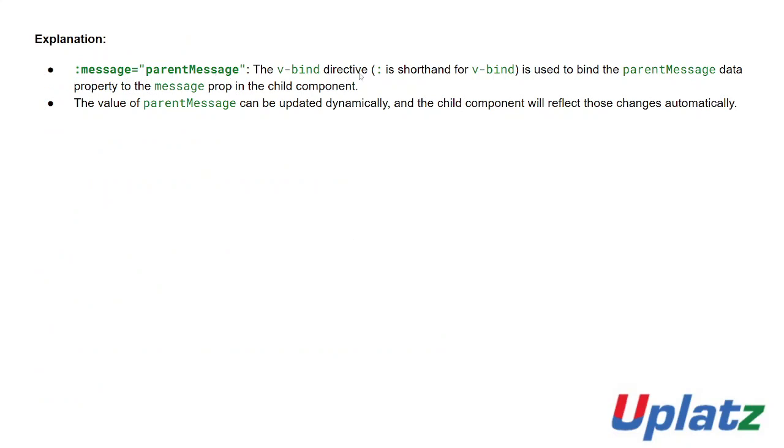The v-bind directive, that is, the colon is shorthand for v-bind, is used to bind the parent message data property to the message prop in the child component. The value of parent message can be updated dynamically and the child component will reflect those changes automatically. That's okay.